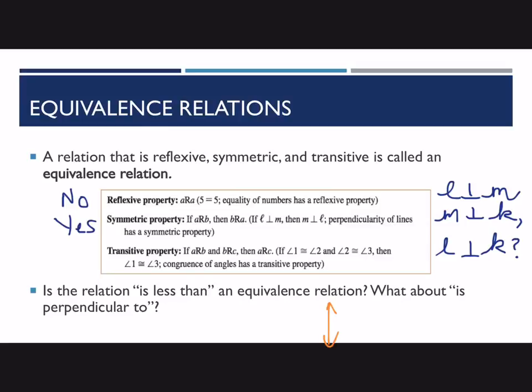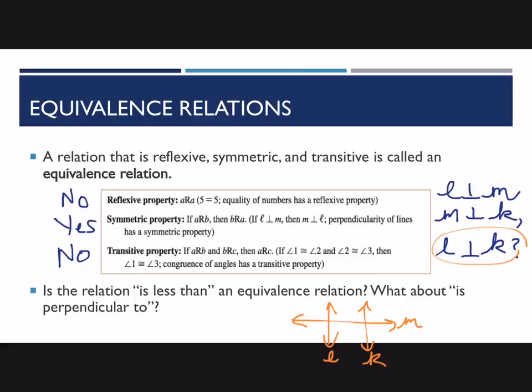Here's L, and let's draw a perpendicular line M. Then we need to draw a perpendicular line K. So K has to intersect M somewhere. I can put it here, and then I want to check, is L perpendicular to K? In the example I've given, I've successfully landed on one right away that shows this is not true. In fact, those would be parallel. So no, this does not have the transitive property.